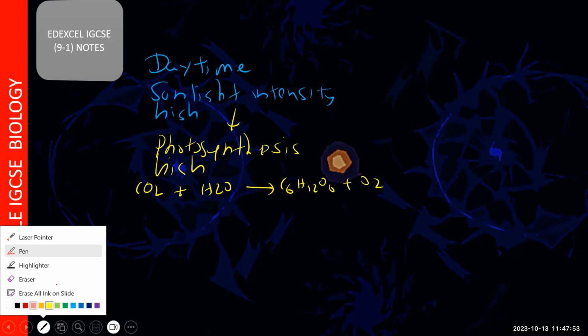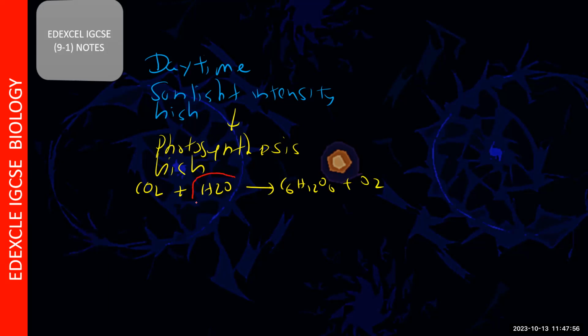Now, how does this water come to the leaf? The process is transpiration. Now you understand transpiration is also high. So H2O comes to the plant, so it's transpiration. Transpiration is also high because the leaf needs a lot of water, and it comes from the root to the leaf. So transpiration is high.